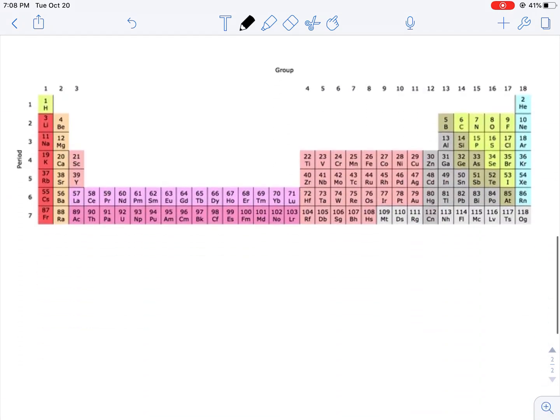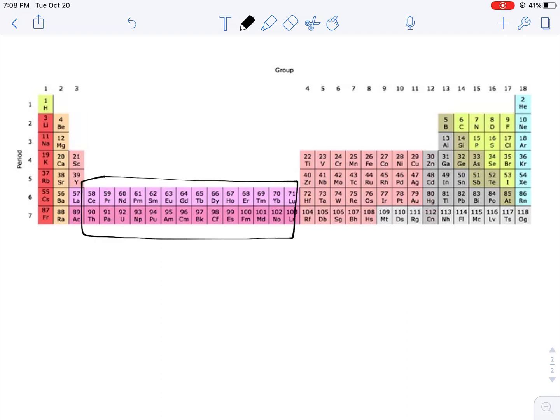Let's scroll down for just a second. This is what the periodic table of elements should actually look like. However, as a result of organizing it in this fashion, the boxes for each element are so small that the only information they can contain is an atomic number. And chemists want more information about the elements in the periodic table.